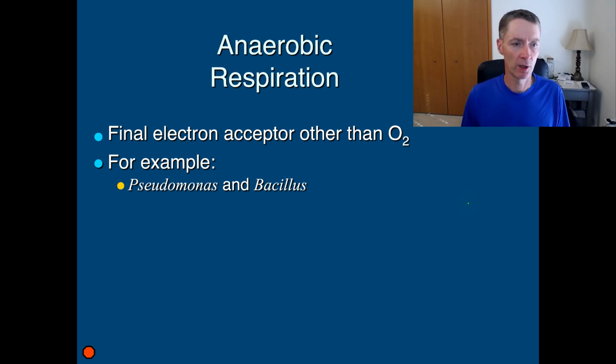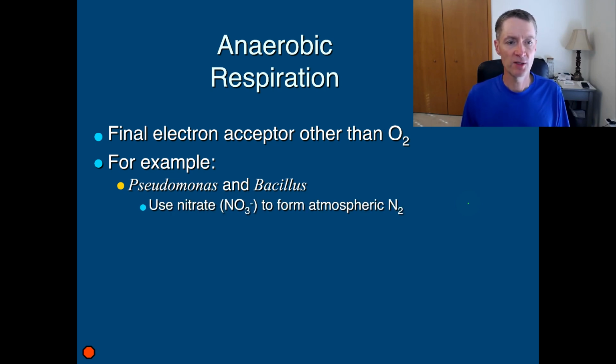Pretty nasty organism. These organisms use nitrate. They will grab onto those electrons as a result of the sugar being broken down and form atmospheric nitrogen. So they'll just release nitrogen into the air as a result of their respiration process.